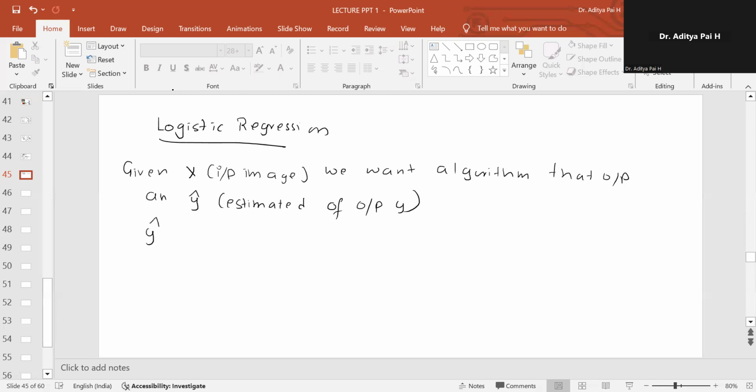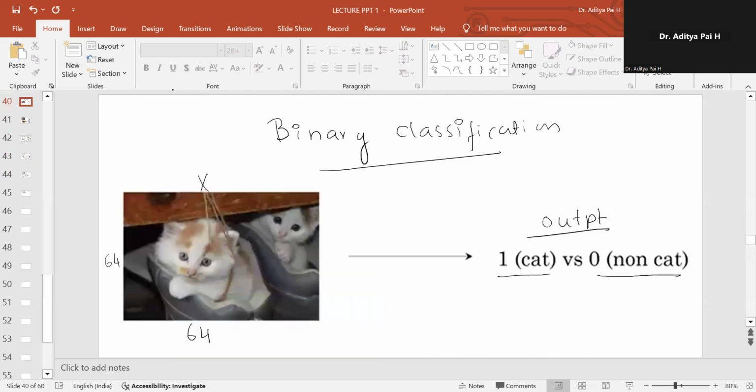So y hat is equal to the probability of y being 1 for a given input X. So what is the probability of y being a cat? We had seen that in the previous case. What is the possibility that the cat is the output? And 0 is the non-cat output. So what is the probability of y being equal to 1 for an input X, where X is the image of a cat, which we had seen in the previous PPT.